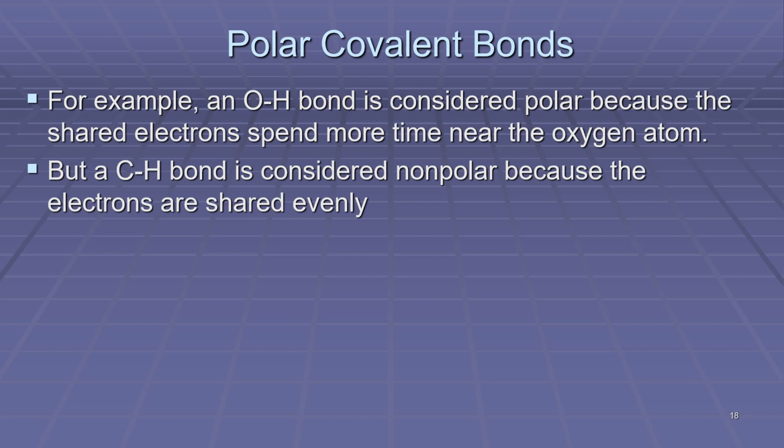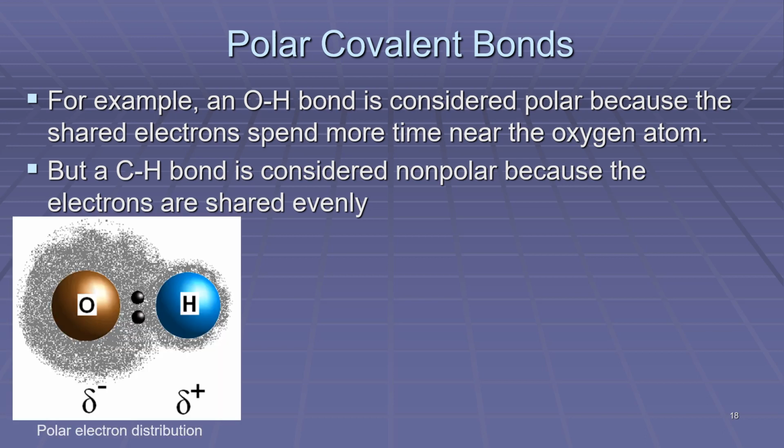So OH is considered a polar bond. O has a very high electron affinity or electronegativity, which pretty much is nearly the same thing. Hydrogen has a pretty low electronegativity or electron affinity, and so they're not going to share these equally. So if you look here, this sort of shows electron density.